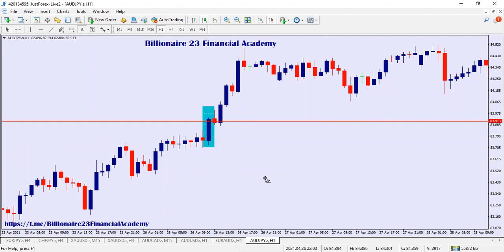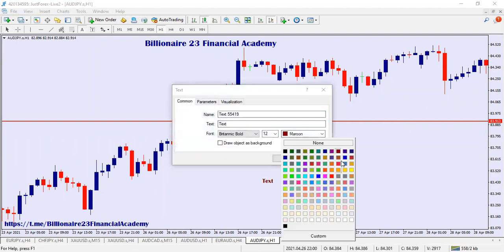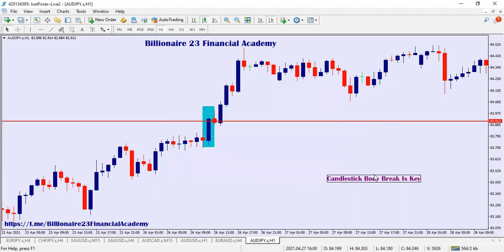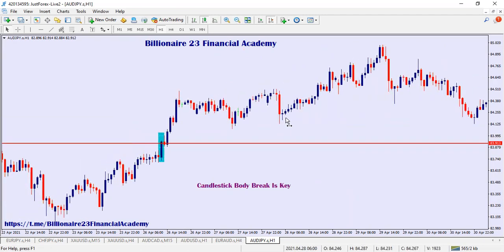That's another important key. Candlestick body break is key. I'll explain this in video 2 or video 3, one of the two.